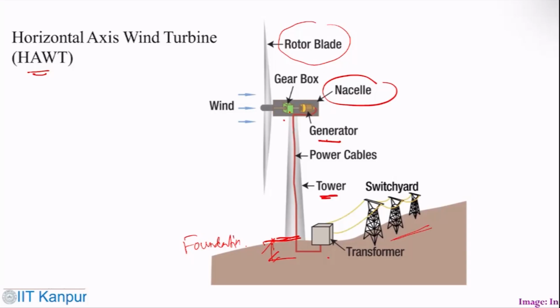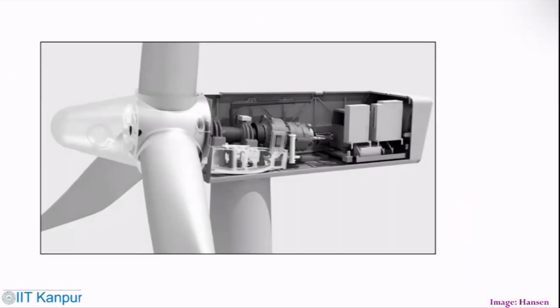Now, if you look at this picture, this is a Siemens turbine, taken from the book of Hansen. You can see this is a view of the nacelle, an open nacelle, I would say.